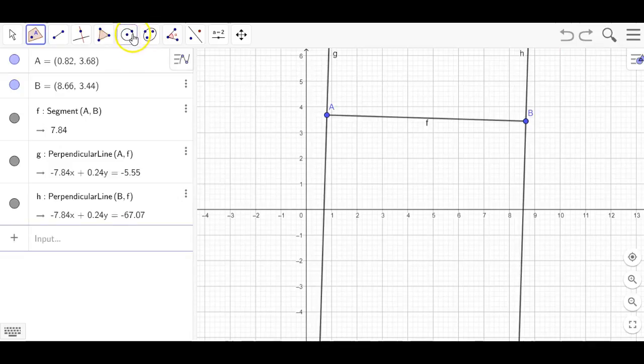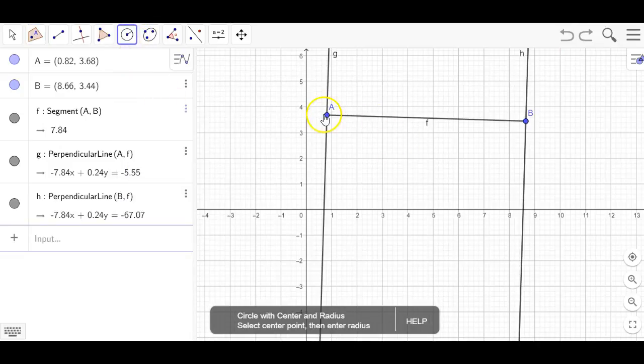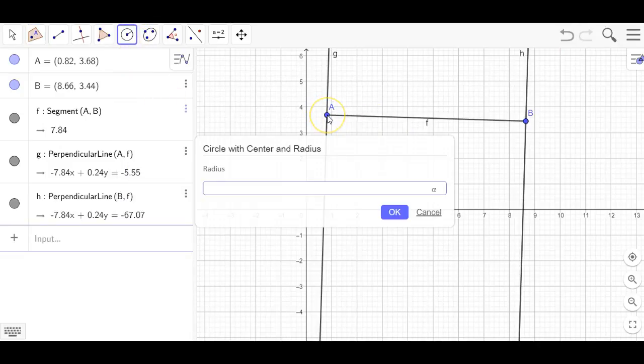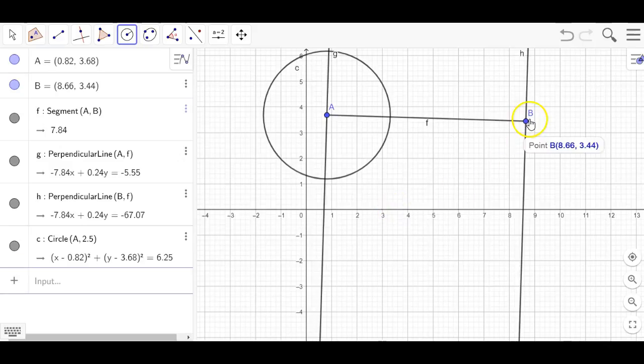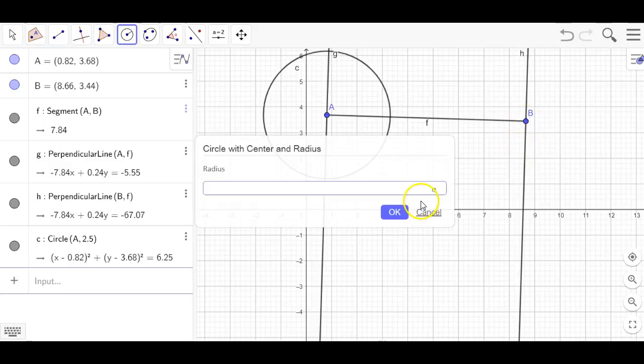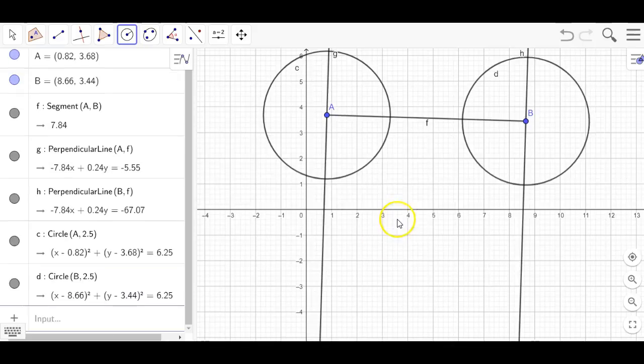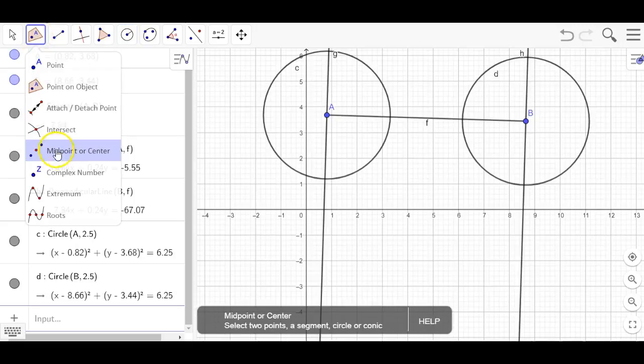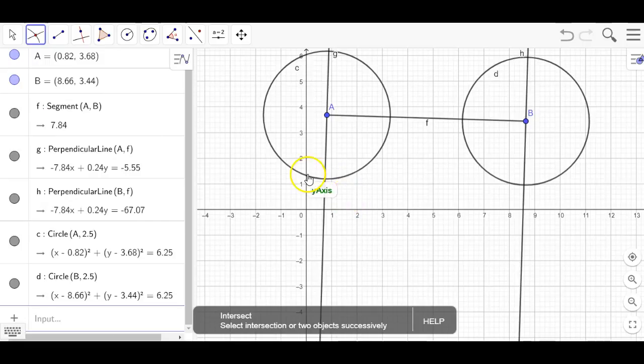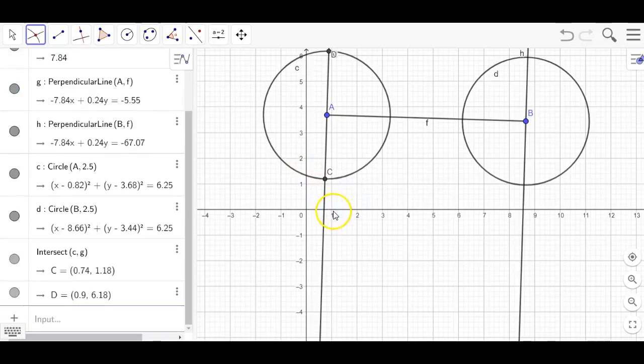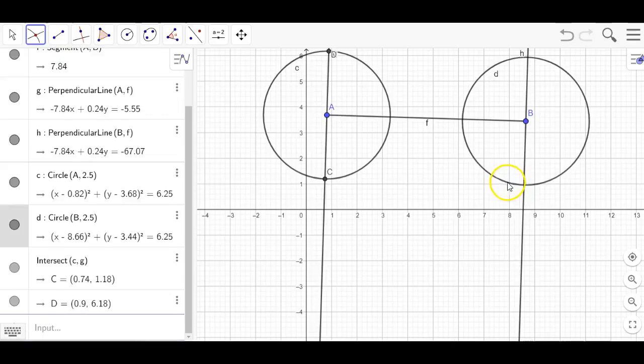So if I ended up with a specific sized point, let's say that was, I don't know, 2.5 here, just for example, and then I did the same thing here, 2.5, then what I've got is the intersection points where those circles intersect that line and where this circle intersects that line.